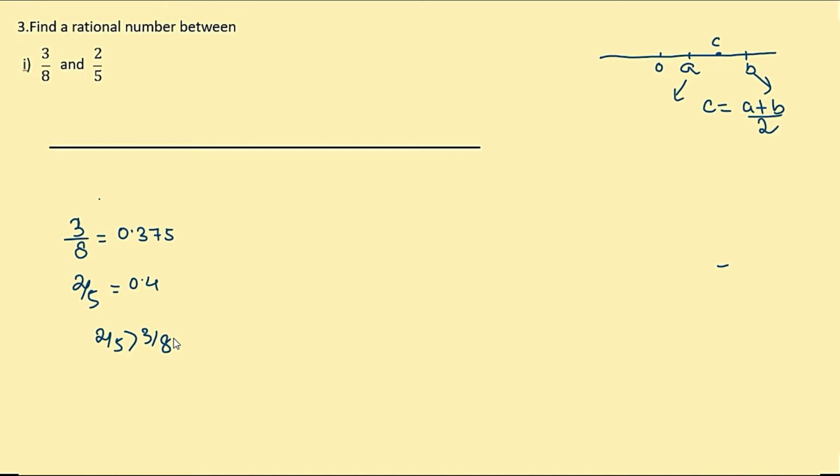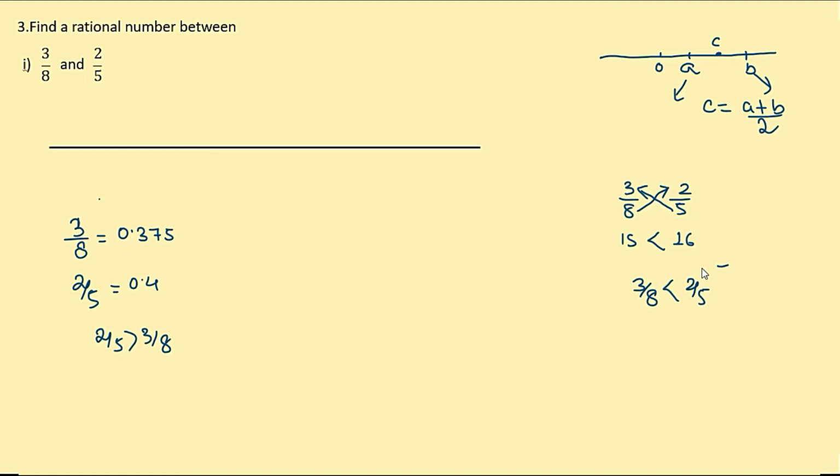Or you can go by cross multiplication, where you write 3/8, 2/5, then you cross multiply the numerator of one fraction with the denominator of the other fraction. So this is 15 and 8 into 2, that is 16. So obviously 15 is less than 16, so 3/8 is less than 2/5.